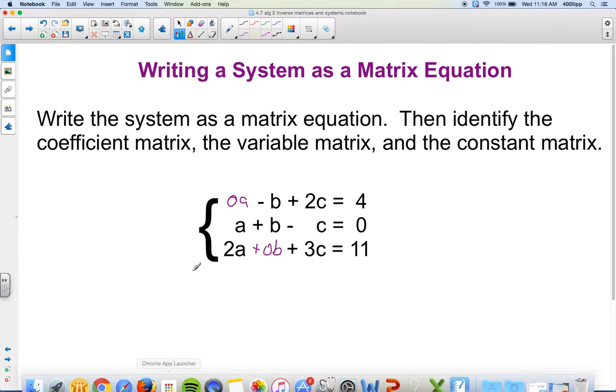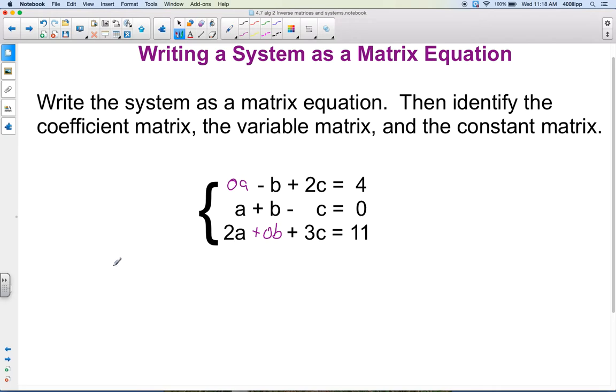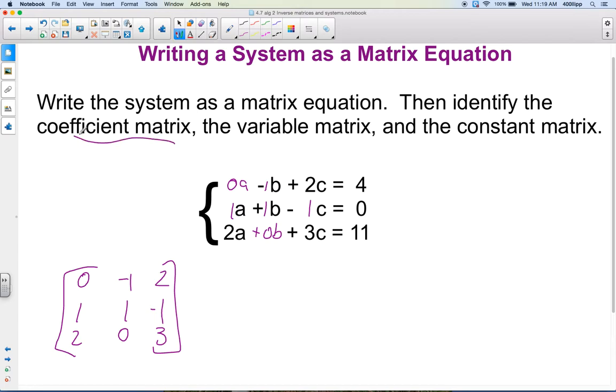Writing in the coefficient matrix here, I have 0, -1, because this is a -1 here, 2, then 1, 1, -1, and then the last one is a 2, 0, and a 3. So this is my coefficient matrix.